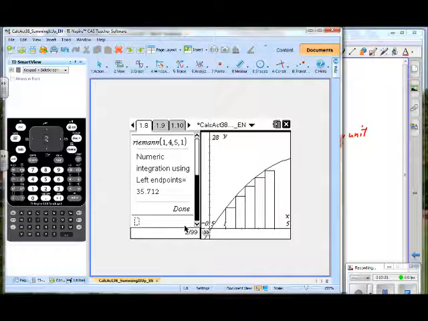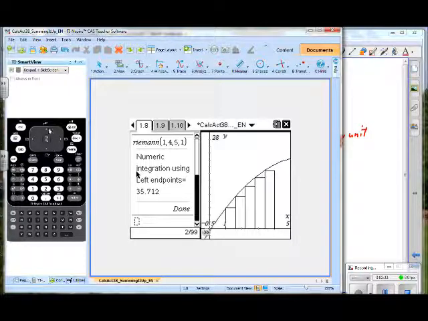Now, if we're going to look for a better estimate of the area, then if I take more rectangles, I would have less overreach here, and I could then estimate what the area is. I'm going to be giving you this program, but for right now, let's just look at it.